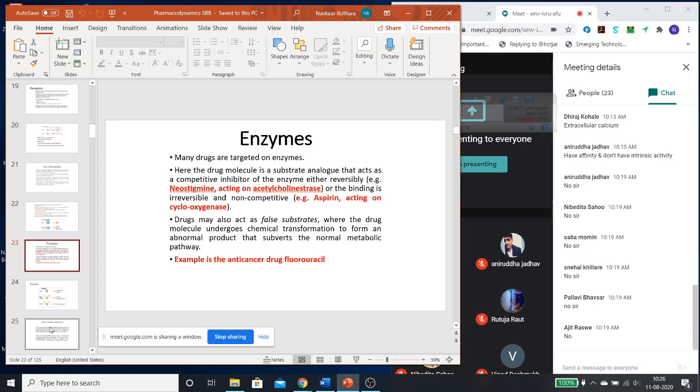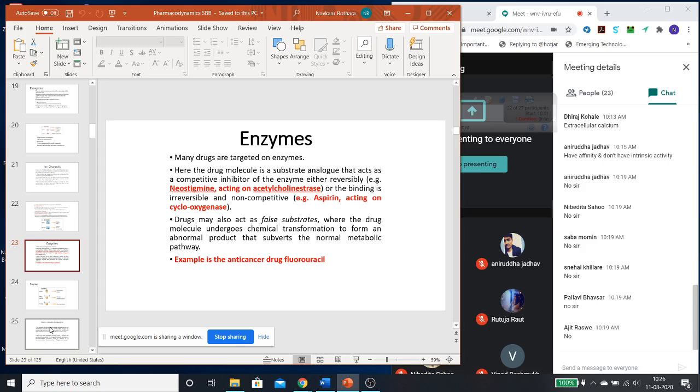But in many classical books you will not find them classified under receptor mechanism. So enzymes are a separate class because they are not exactly receptor mediated actions, or cellular mediated ones. In some books they put it as a cellular one, a receptor one.